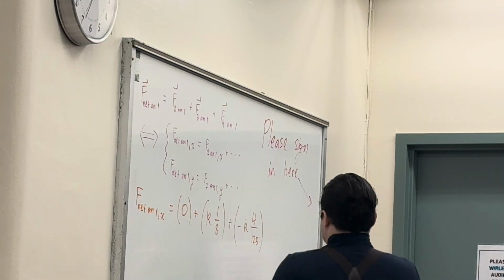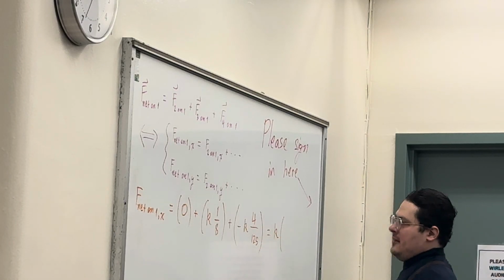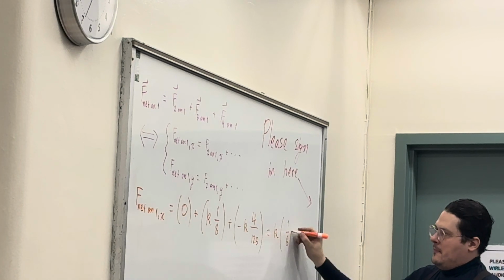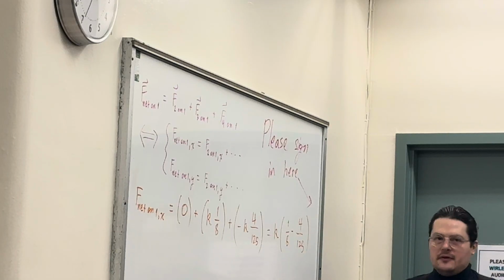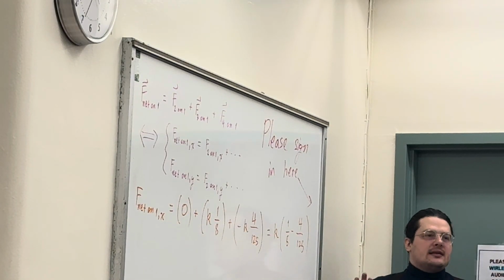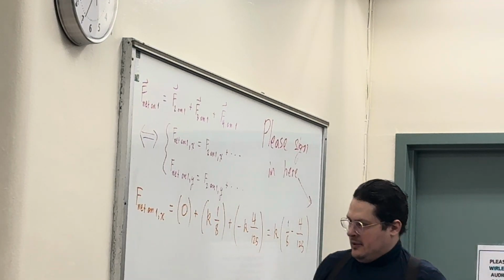So the x component is, let me just factor out k times 1/8 minus 4 over 125. That's a horrible number, right? It's horrible, but that's just what it is. You can get a decimal expression or whatever, but that's the exact answer.